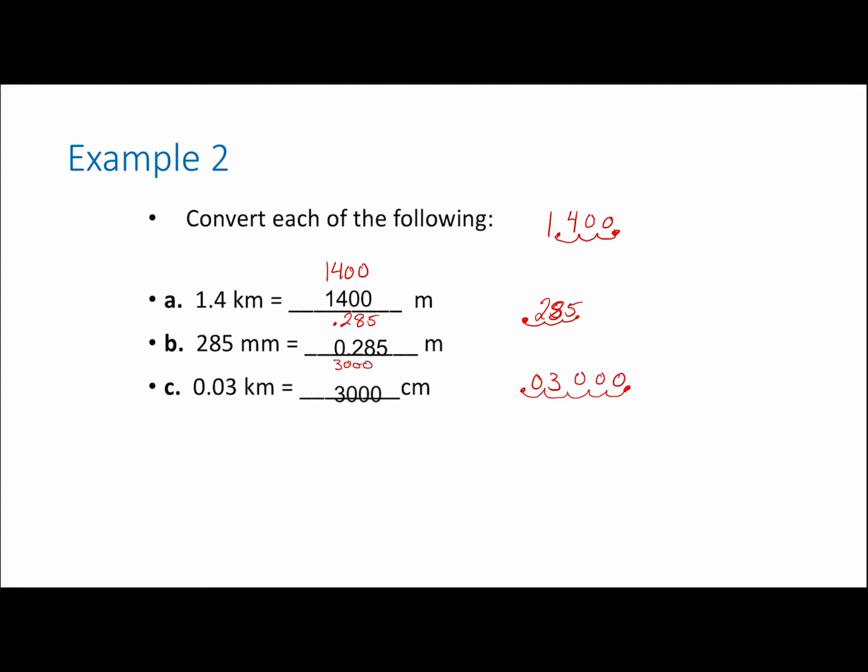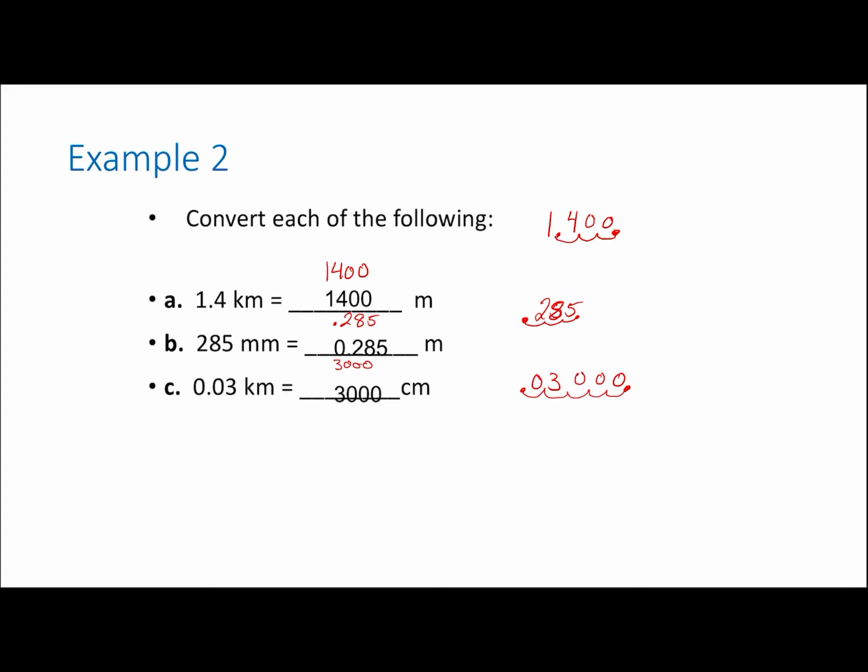Now, if you get confused on moving it left versus moving it right, just think about it: as you move your decimal to the left, the number, if it's a decimal, is getting smaller. So, for example, the kilometer is the biggest unit, so we want to move our decimal place to the right as we go to a smaller unit. If it starts with a smaller unit, like the 285 millimeters, and we're going to a bigger unit, then we're going to move it to the left, because we know that the number of millimeters is going to be more than the amount of meters, because it's a smaller unit.